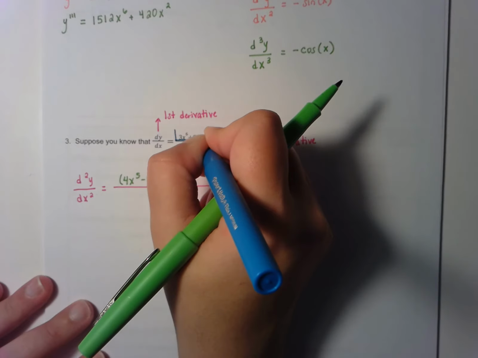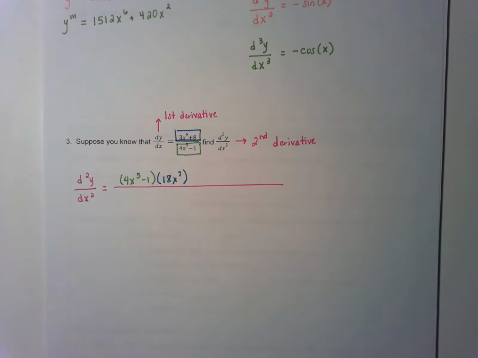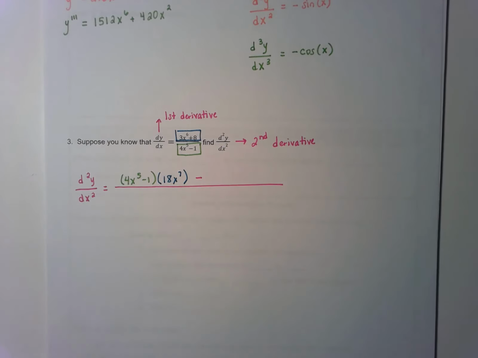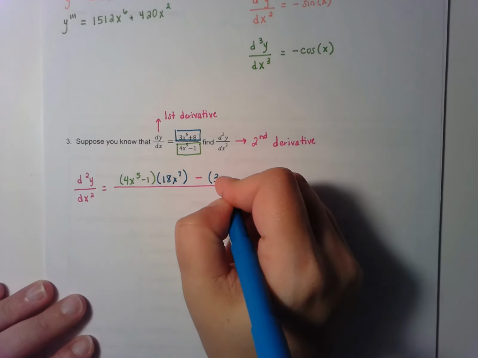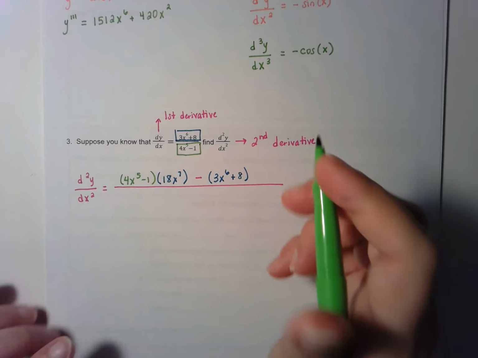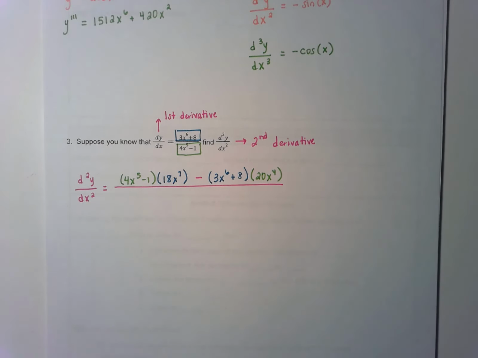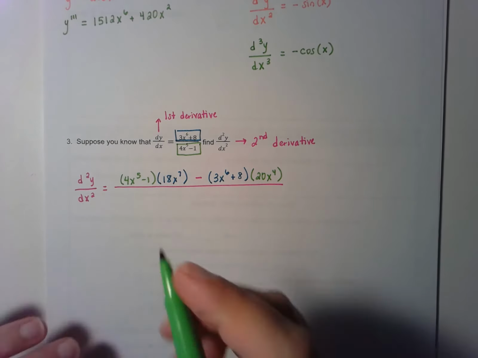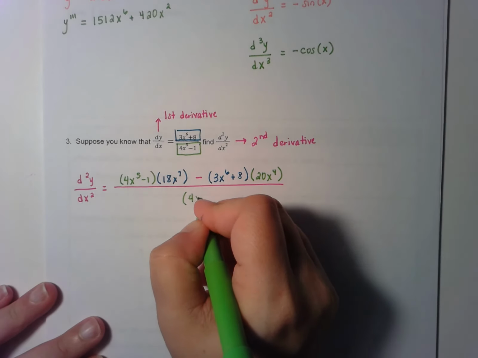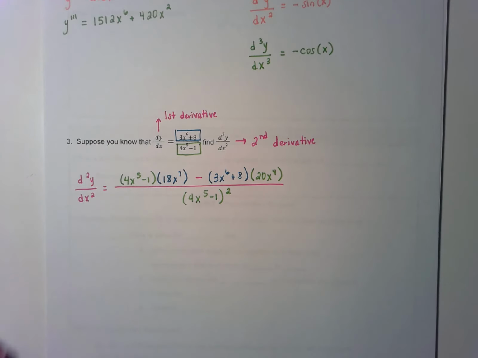So here's my high, and here's my low. Low d high minus high, which is 3x to the sixth plus 8, d low, which is 20x to the fourth, and low squared, so 4x to the fifth minus 1 squared goes down below.